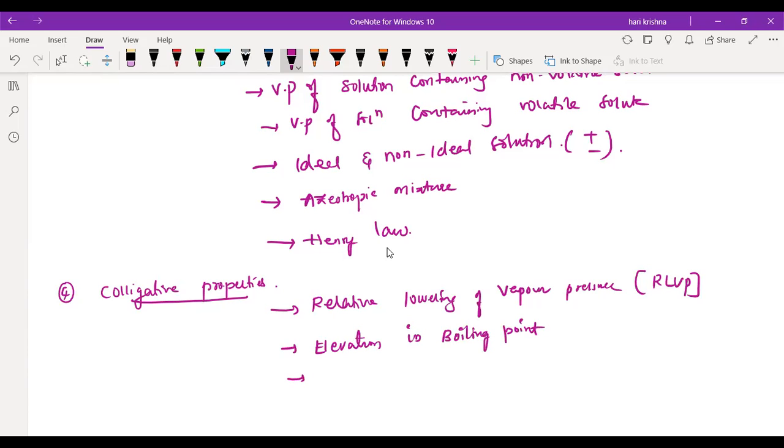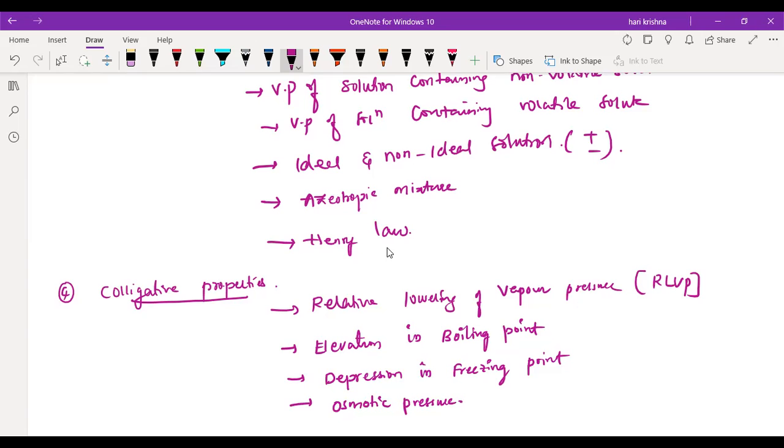Next one, depression in freezing point. Next, osmotic pressure. So these are the 4 colligative properties: RLVP, relative lowering of vapor pressure, elevation in boiling point, depression in freezing point, osmotic pressure.